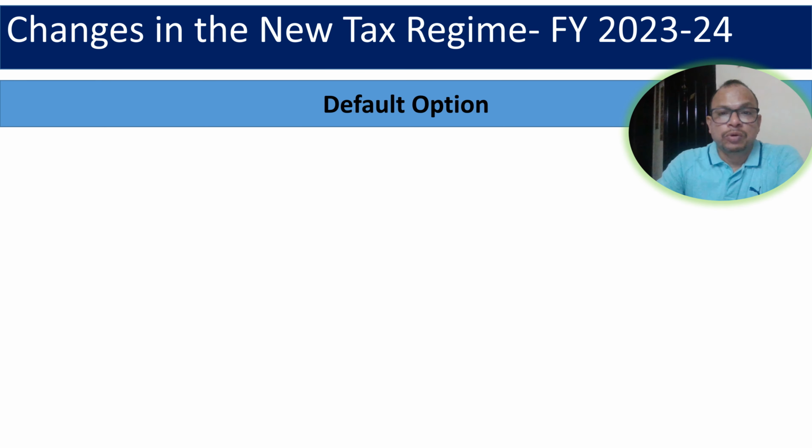The employer will treat it as the default option. So every employee has to give an option to their employer whether they want to file under the old tax regime or under the new tax regime.